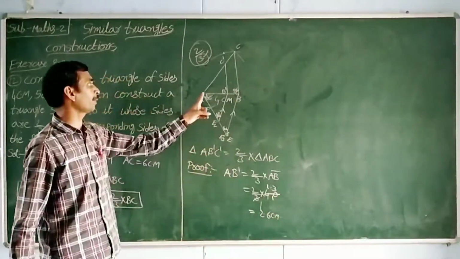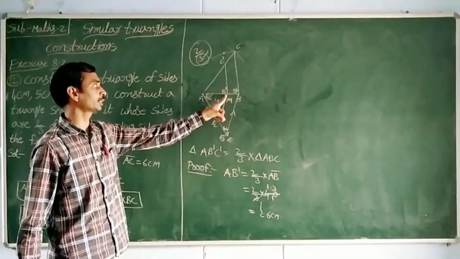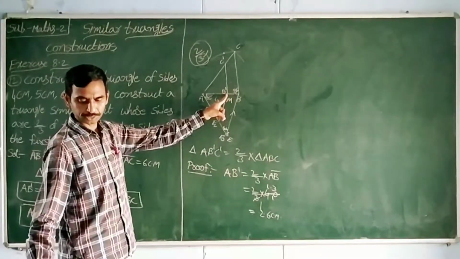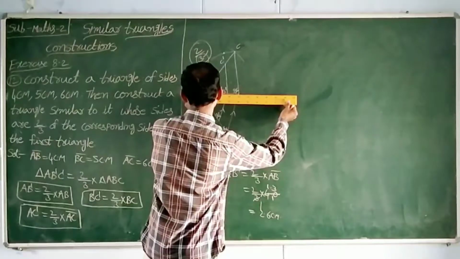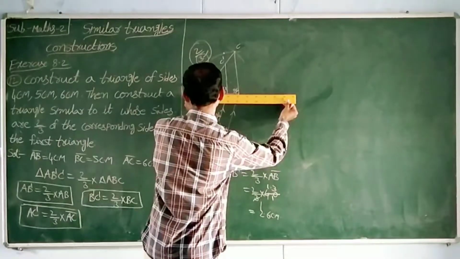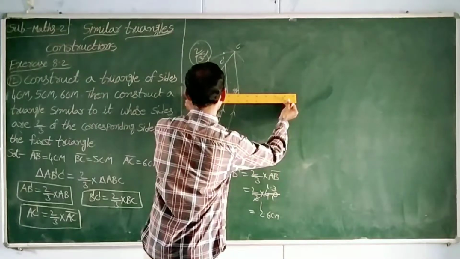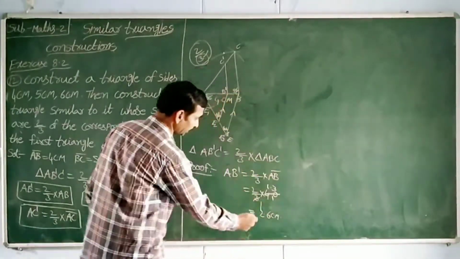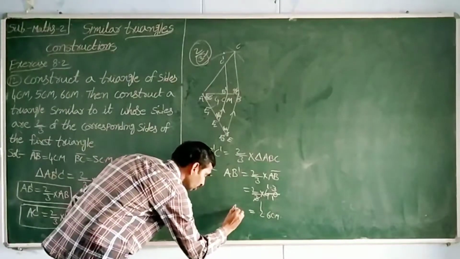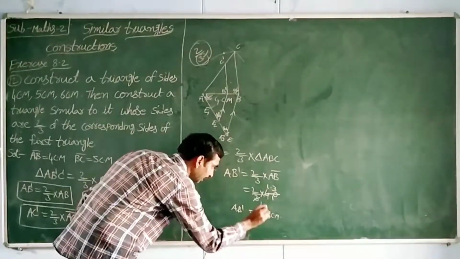If you measure AB dash and it is 2.6 centimeters, our answer is correct. You can measure. Yes, it is 2.6 centimeters. So our answer is correct. AB dash is equal to 2.6 centimeters.